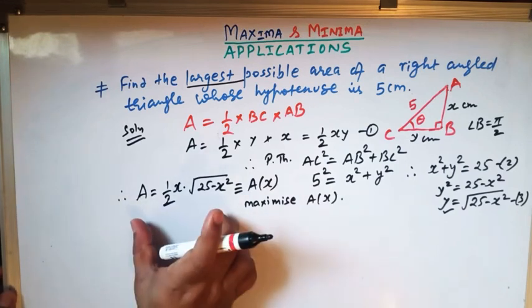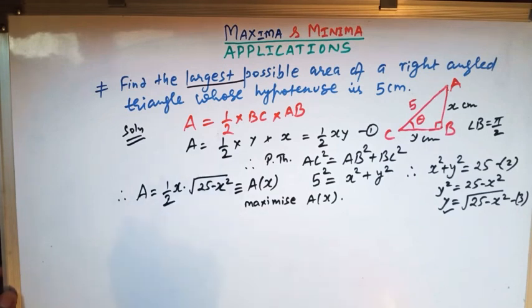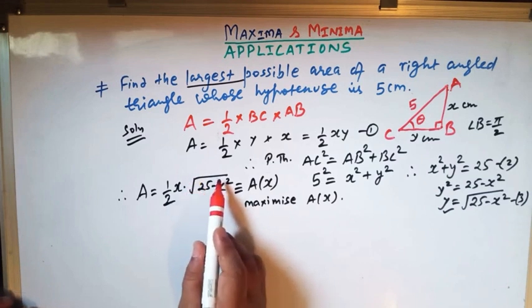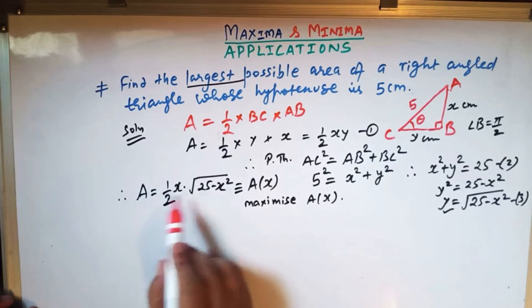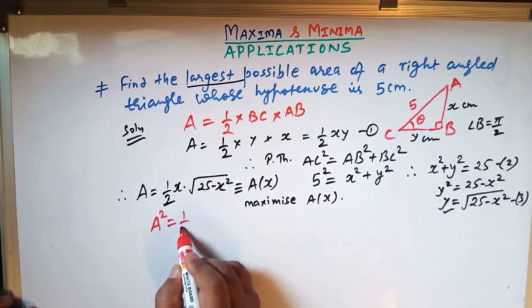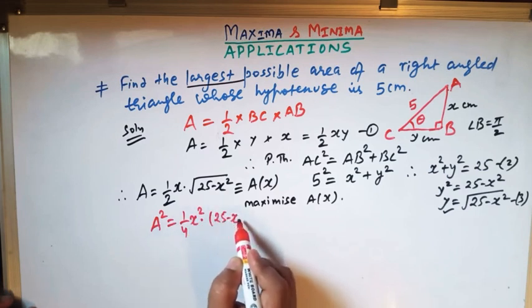So viewers, let us differentiate it, but before differentiation I would like to tell you one more concept here. Since here we have the radical sign, we can get rid of this radical sign by squaring both sides. So if I square both sides, we get 1 over 4 x square times (25 minus x square).